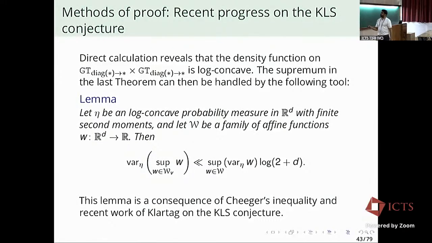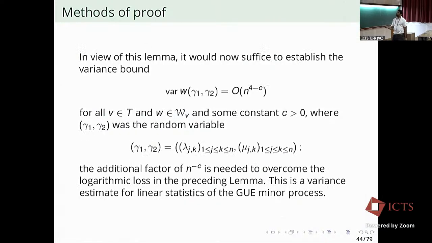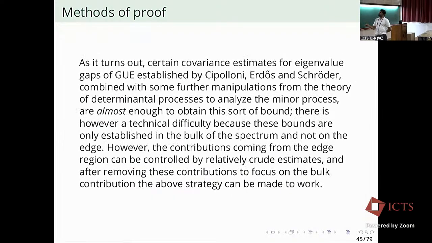You require some sort of correlation decay bounds for the eigenvalue gaps in the interlacing structure of the minor process, or of the minors of the Gelfand-Tsetlin pattern from the random matrices. So I'm almost done. In view of this lemma, it suffices to obtain some variance bound, and then this thing follows.